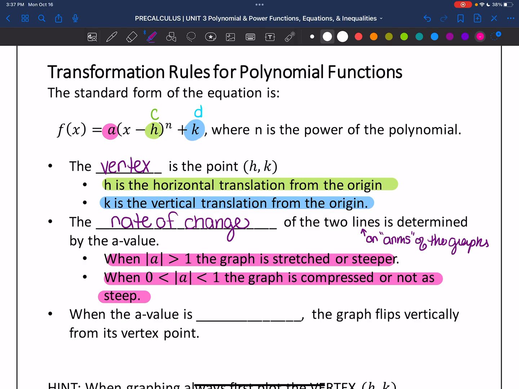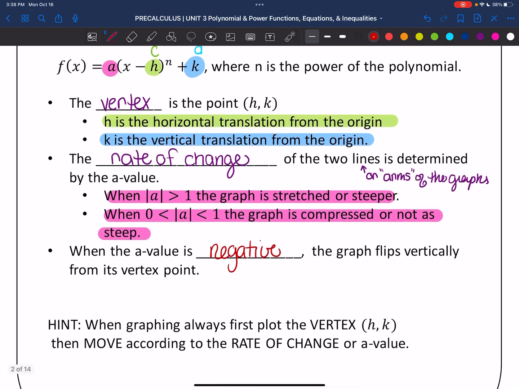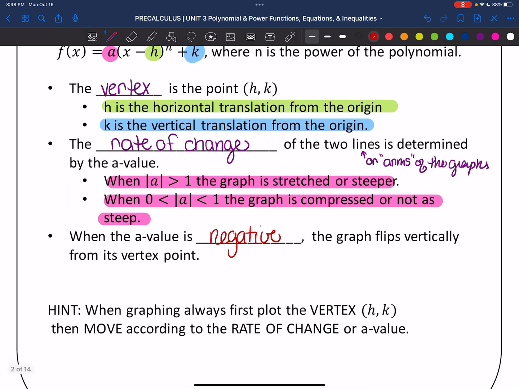And when the a value is negative, it's going to cause the graph to flip vertically. That is that reflection that happens. So when our a value is negative, the graph flips vertically from that vertex point.